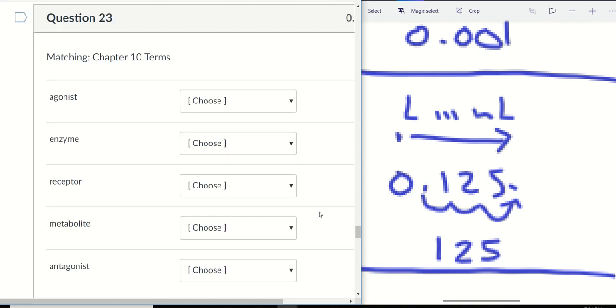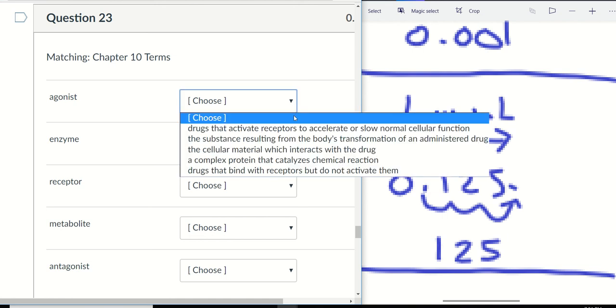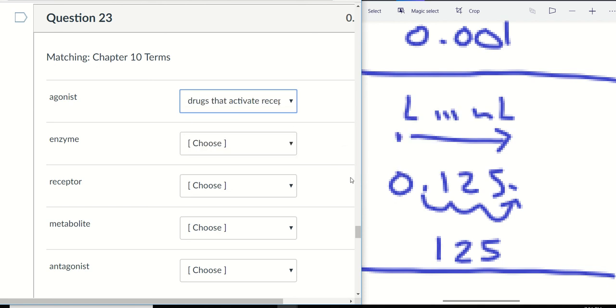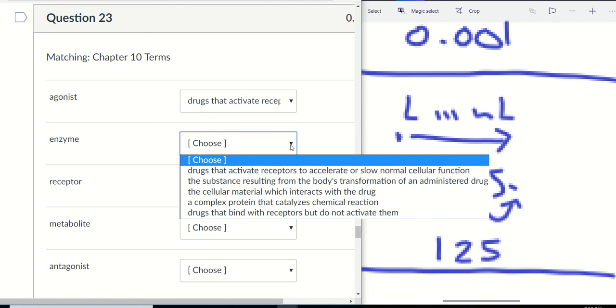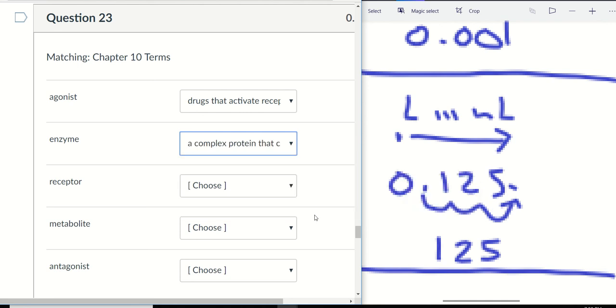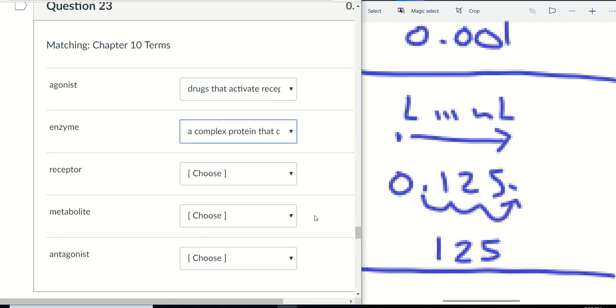Chapter 10 terms. What is an agonist? Yeah, very good. Gas pedal or brake pedal. Agonist. What is an enzyme? Yeah, protein catalyst. Very good. Or the cop car on the side of the road. Now that you guys will look for it next weekend.